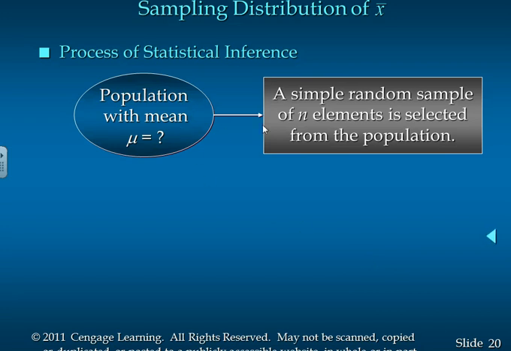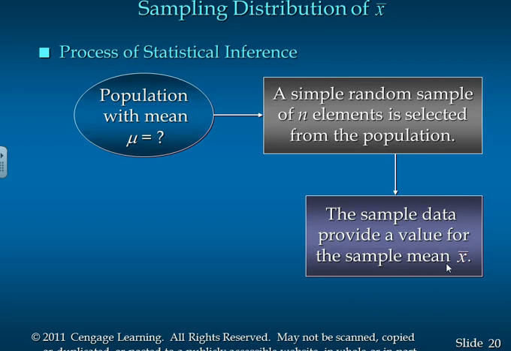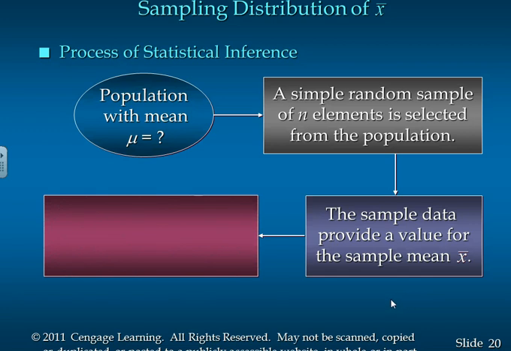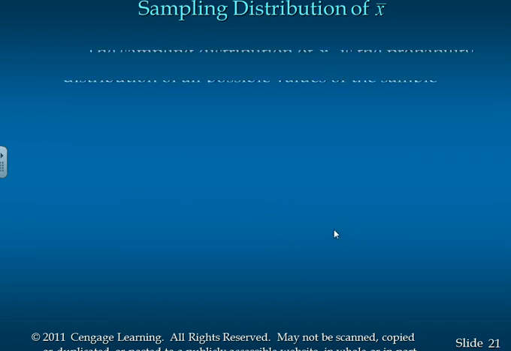We have a mean. We do a random sample of n things collected. That gives us an estimate of the mean. And then we use that estimate of the mean to make some decision. Make some inference about what we're going to do, whatever it might be.